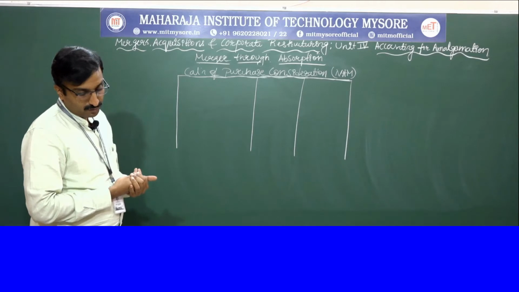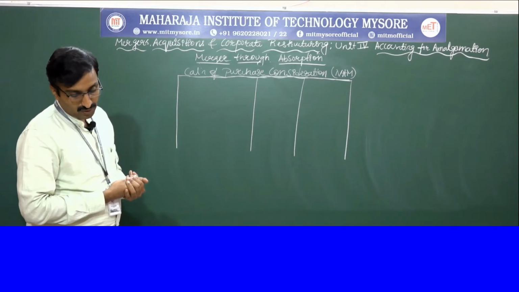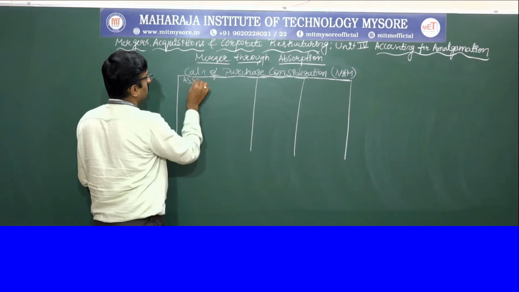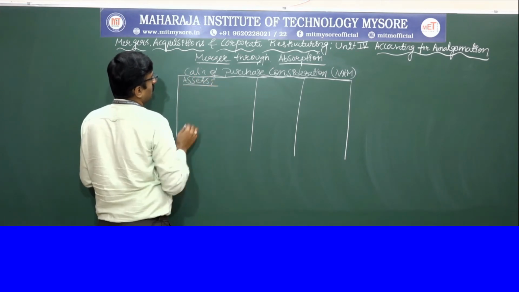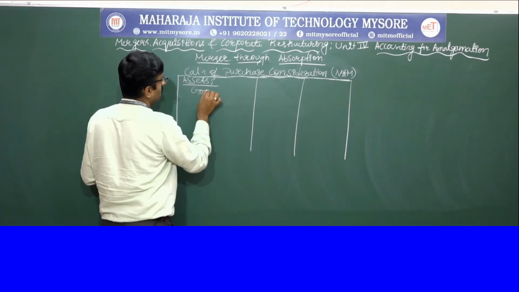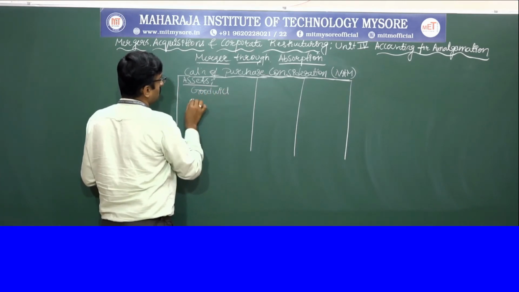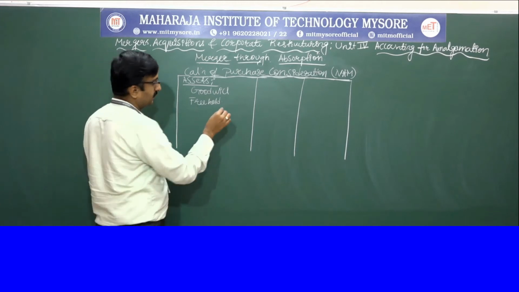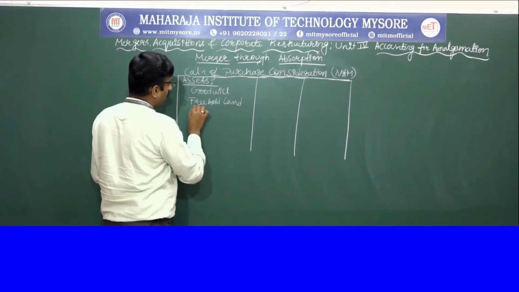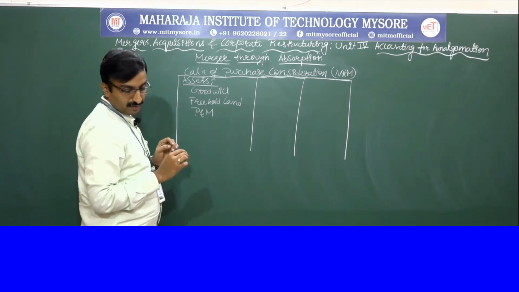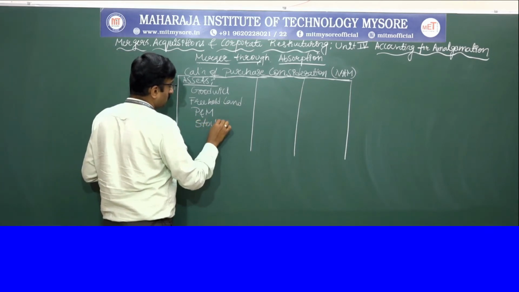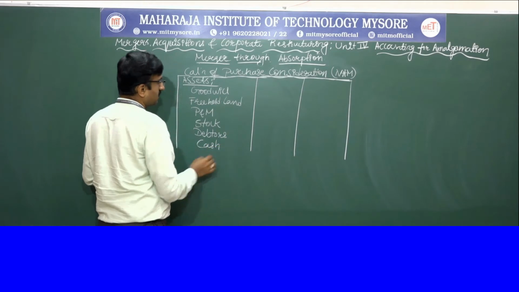We have goodwill, freehold land, plant and machinery, then stock, debtors and cash. These are the assets.